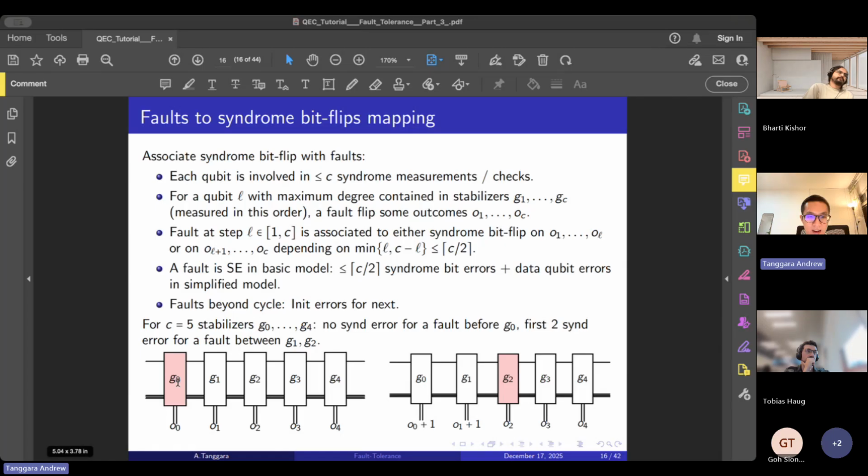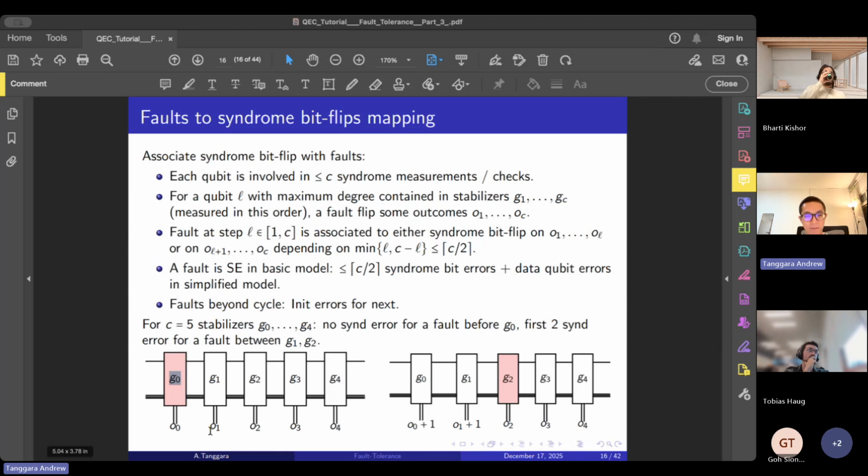Say C is equal to 5, and I have these stabilizers on some qubit with maximum degree. The way we want to assign where the error goes is this: if I have some error on this first circuit that measures G0, then the syndrome of G0 and every syndrome after that already takes that error into account.